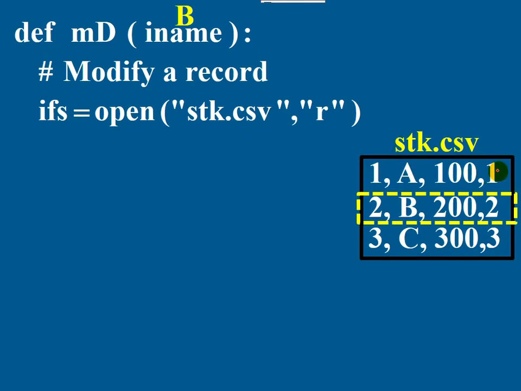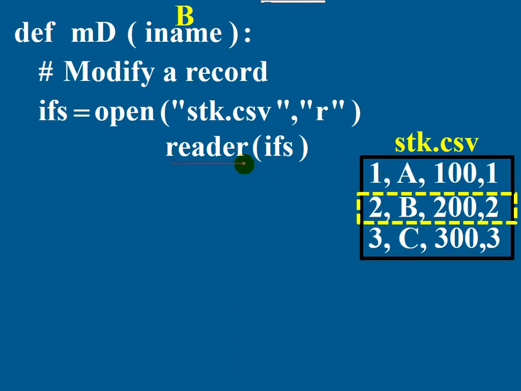Now in order to read records from the CSV file, there is a function by the name reader. Now to the reader function, the file pointer should be passed. Only then Python will understand that the records should be read from this file. On seeing ifs, Python understands read is related to this file.